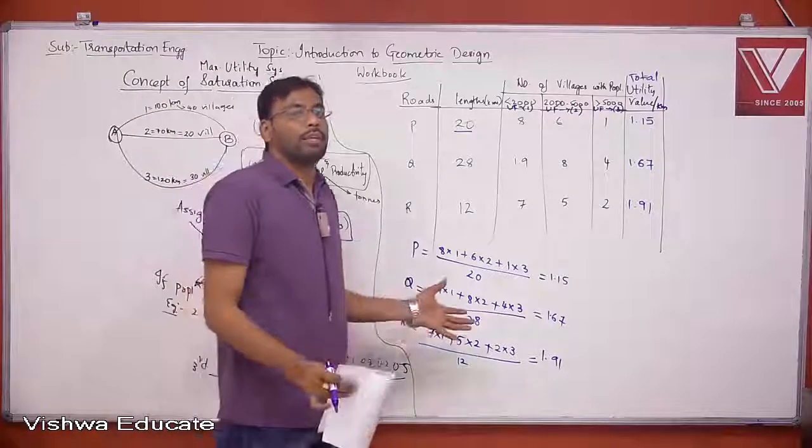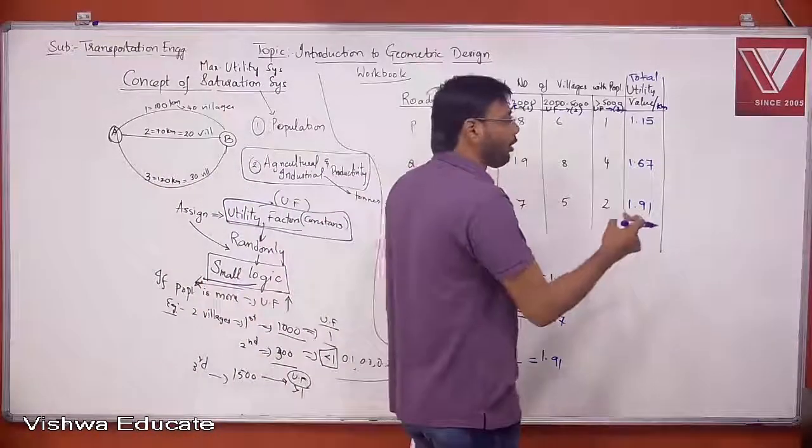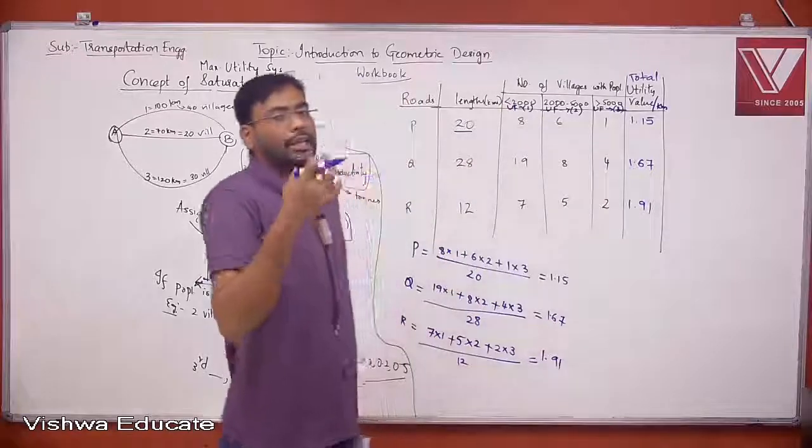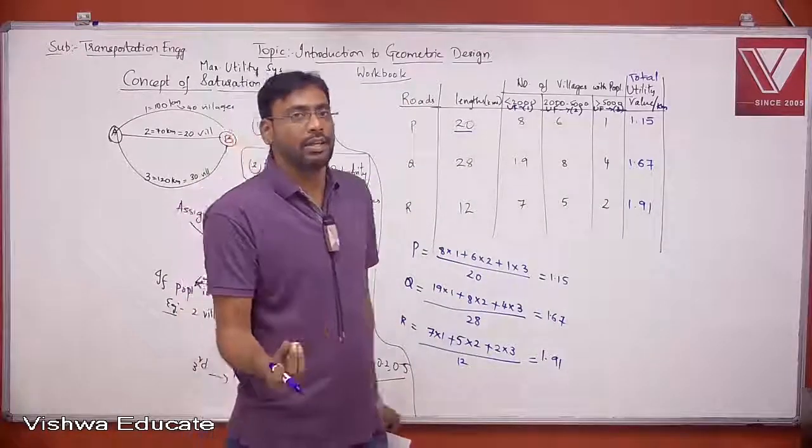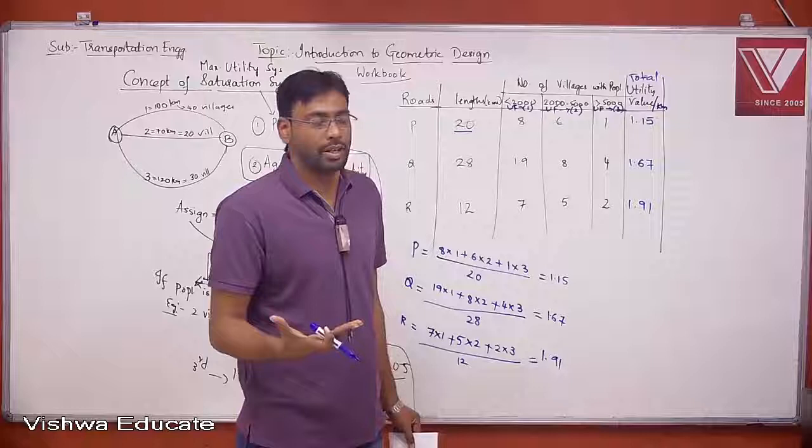Now he has asked us the order of priority, meaning if less funding is available, which route should I construct?